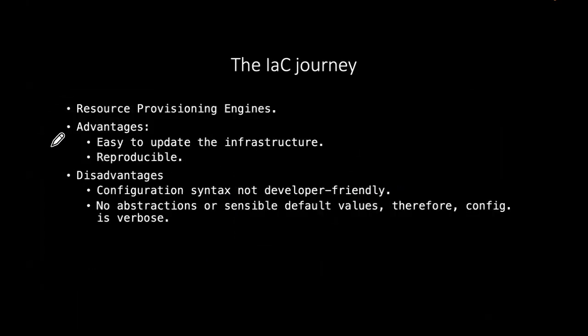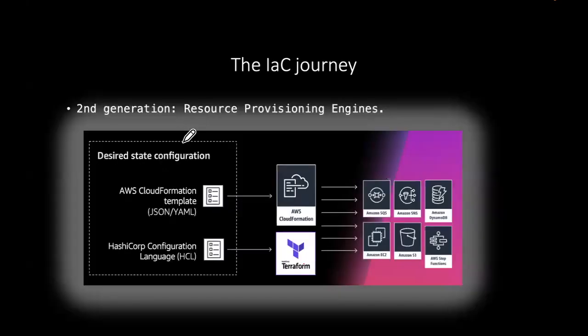And it was great, in terms of if you wanted to update your infrastructure, which was one of the problems with the first generation. If you wanted to update, all you did was, if I go back again, you went back to this document and you just made the relevant changes to the configuration of the resources. That's really what we tend to mean by update. You want to change the configuration of resources or indeed add new resources.